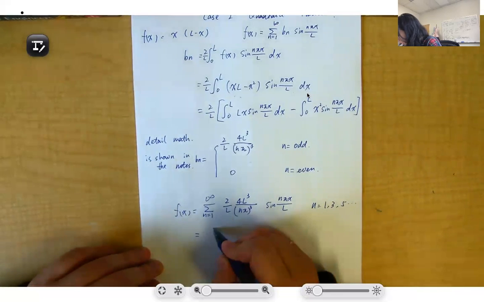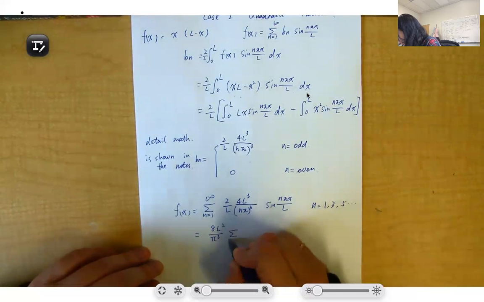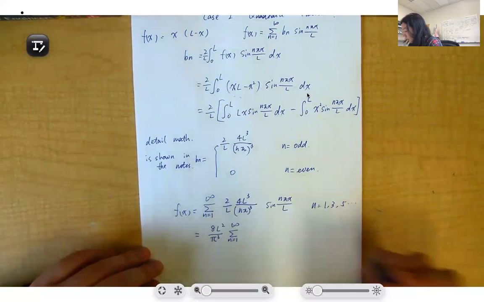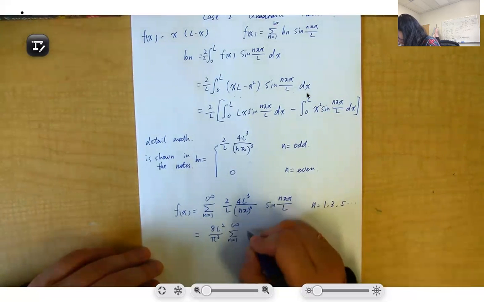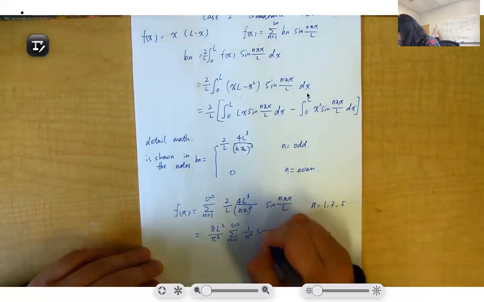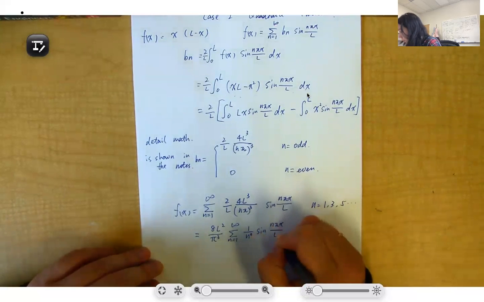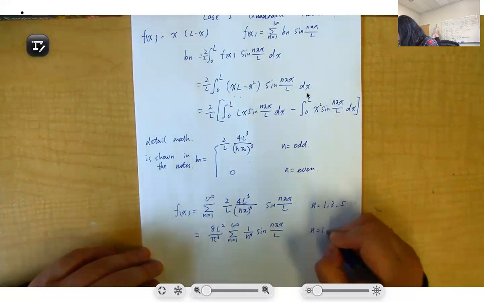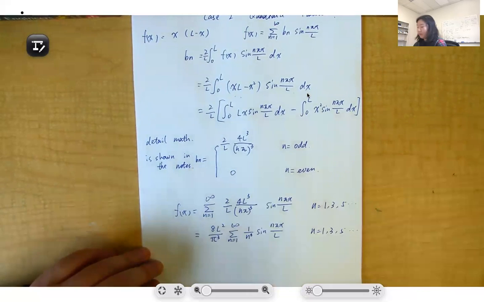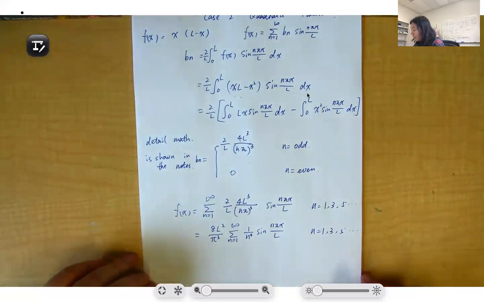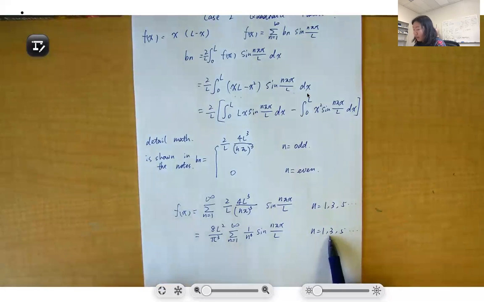It will be 8L squared over pi cubed, the sum from n equals 1 to infinity of 1 over n cubed times sine(n pi x over L), and n equals 1, 3, 5 until infinity, okay? So this is using n only equal to odd numbers.